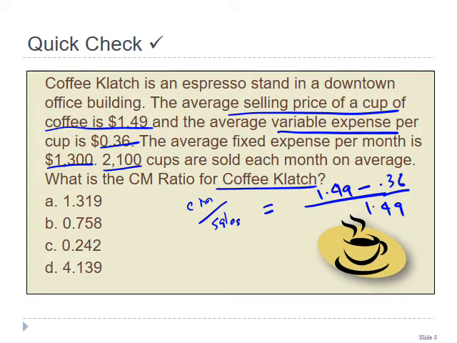So what is the answer here? 0.758, sorry, 0.76, or you can just choose option B.